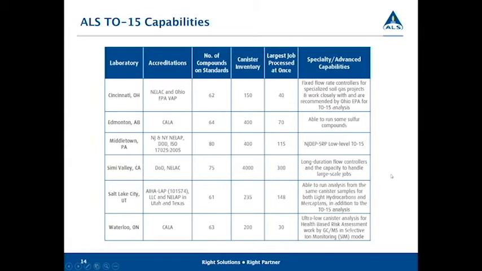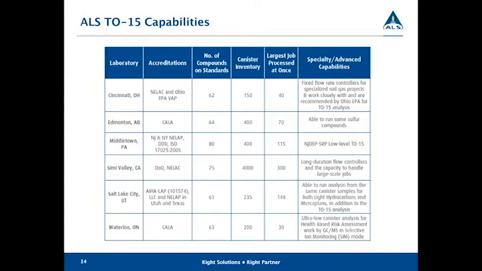I just want to point out quickly ALS's TO-15 capabilities. In all of our laboratories that have the capability to run TO-15, we have 4 USA laboratories: Cincinnati, Ohio; Middletown, Pennsylvania; Simi Valley, California; Salt Lake City, Utah; and we also have a couple of Canadian labs in Edmonton and Waterloo that provide TO-15 testing.